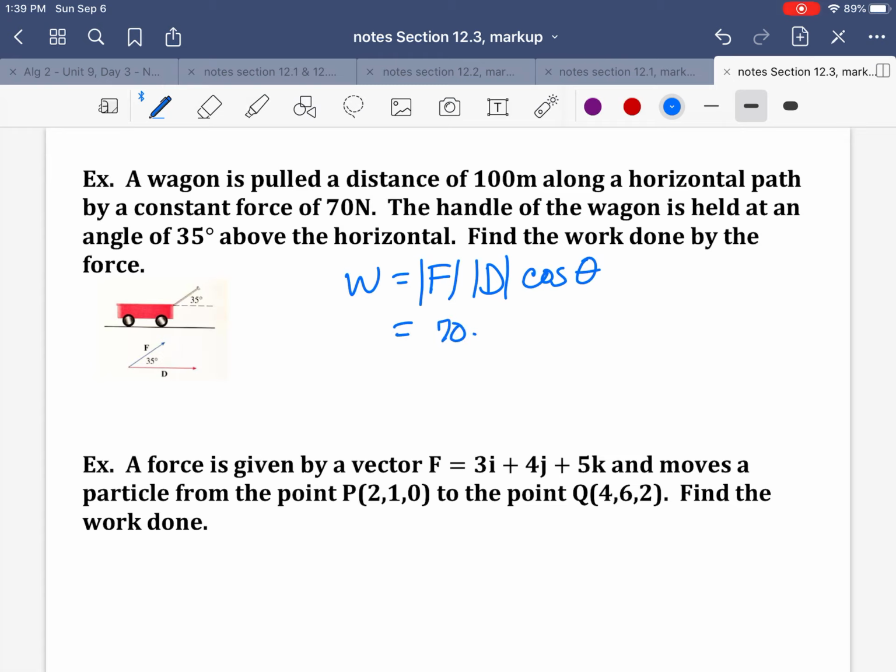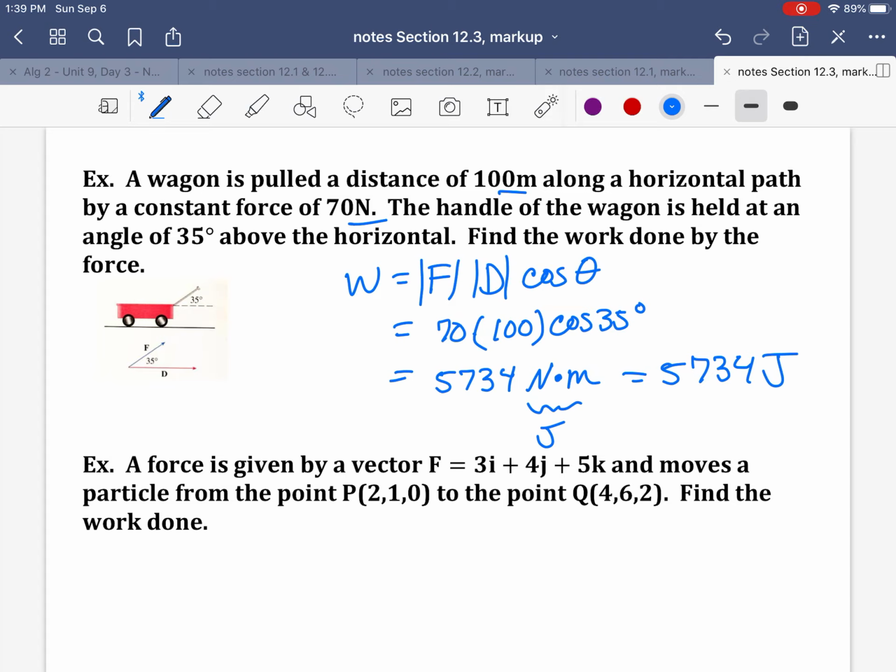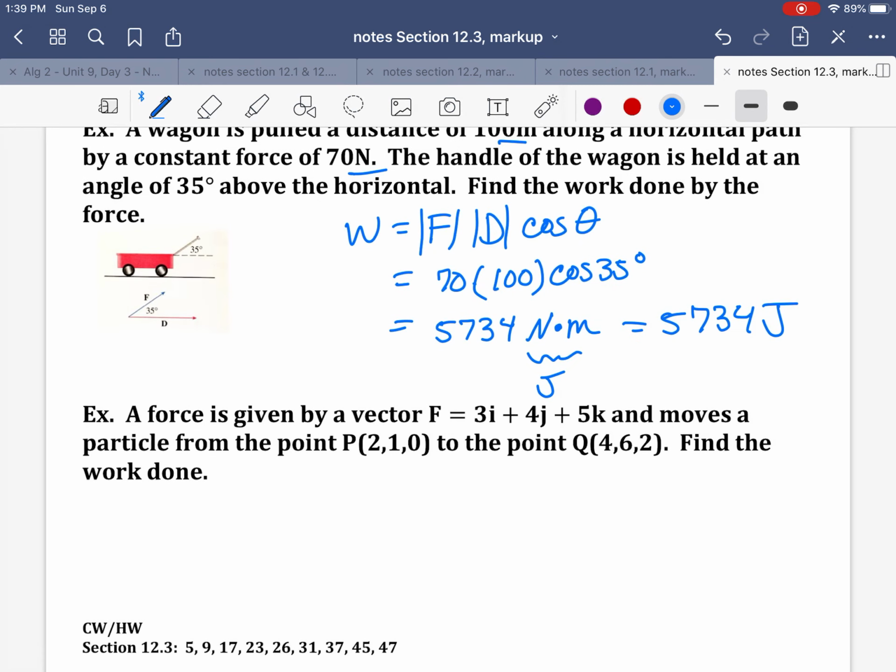My force in this one is 70 newtons. My distance is 100 meters, and cosine of 35 degrees. So I plug that in my calculator. That means my work done is 5,734 newton meters, because remember I had newtons and meters, but those are called joules. So you can say 5,734 joules. I think it's joules, right?